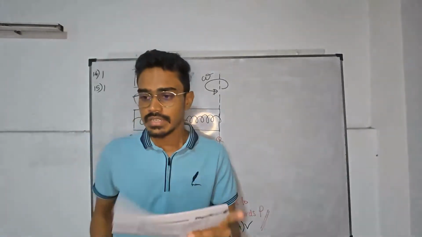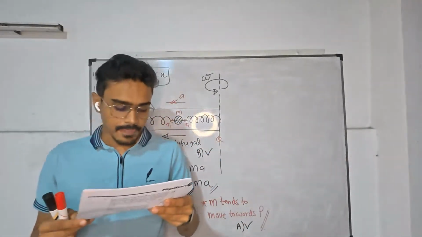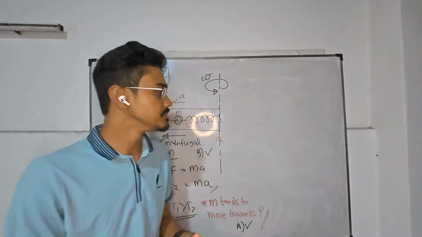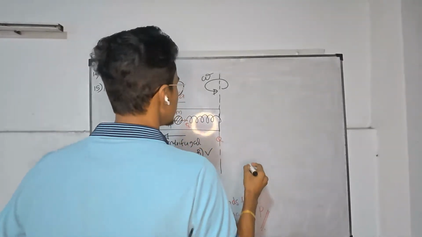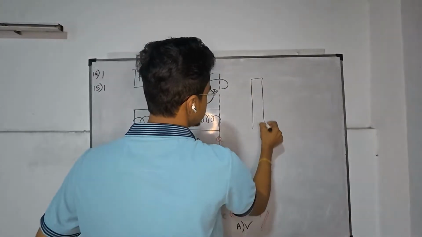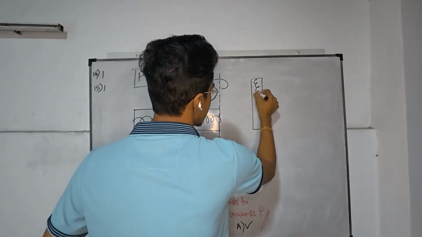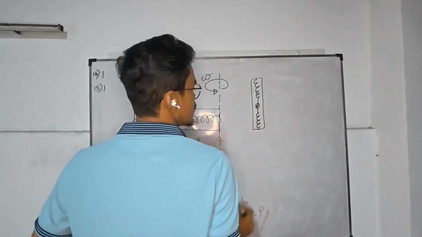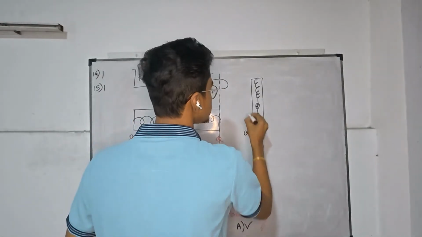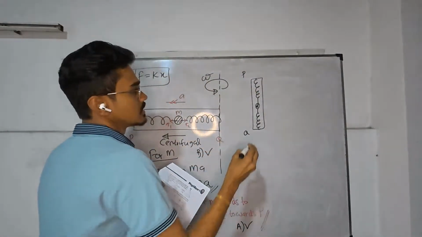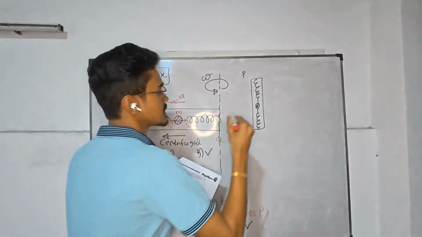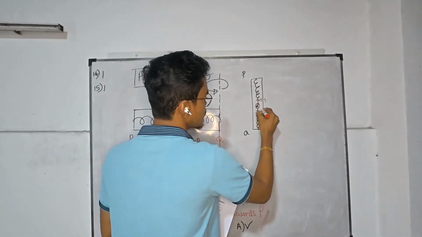Right? Let's check C. Vertical motion of the tube under gravity, keeping Q below P. Now, these tensions are, let's say T1 and T2.